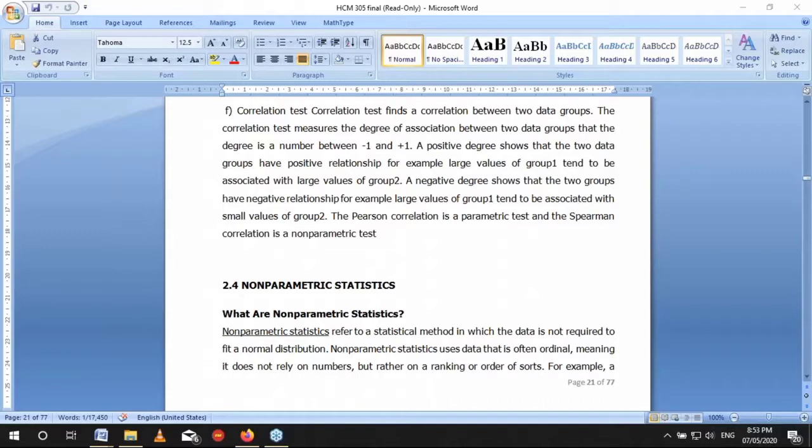Now I want to go to types of regression. I will need to be a bit fast because we have a long way to go. We have linear regression, L-I-N-E-A-R, linear regression.